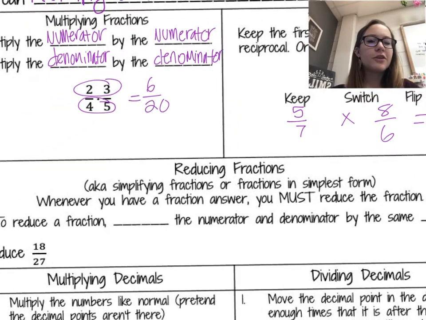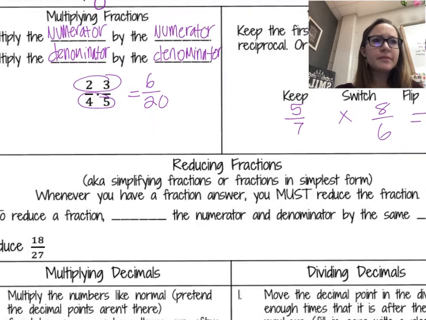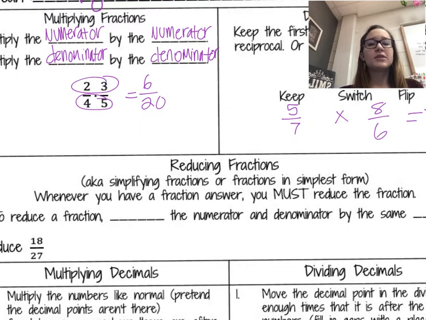So reducing fractions, we've done this a bit. It's also called simplifying fractions, reducing fractions, fractions in simplest form. They all mean the same thing, okay? Whenever you have a fractional answer, you must reduce the fraction, okay?